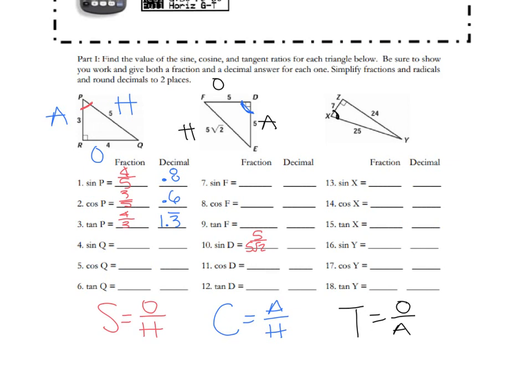Cosine of D is also the same, 5 over 5 square root of 2. And notice here, tangent of D is actually going to be 5 over 5.